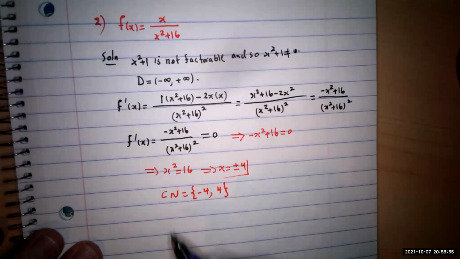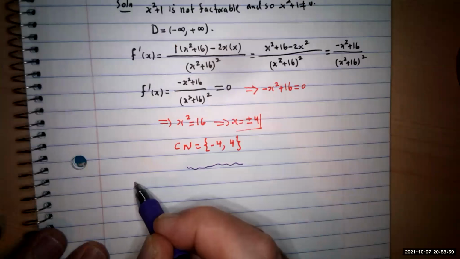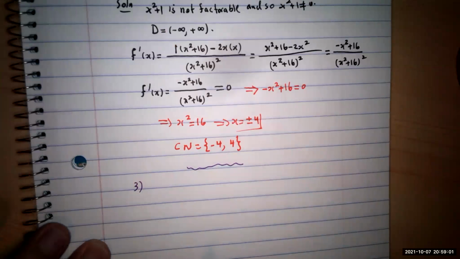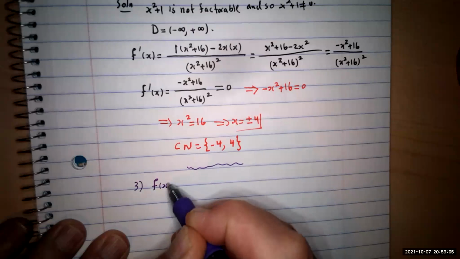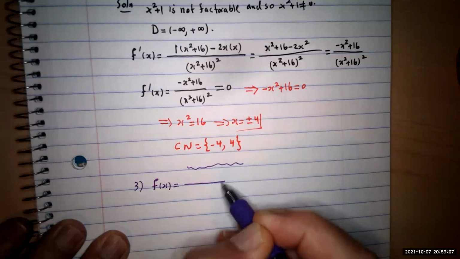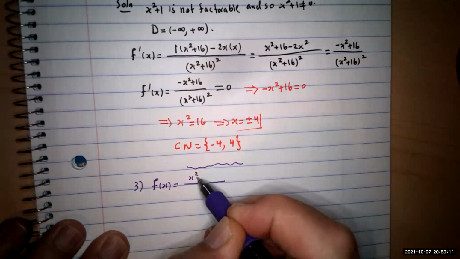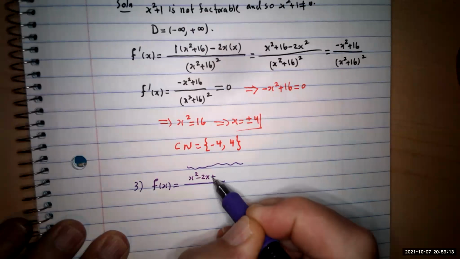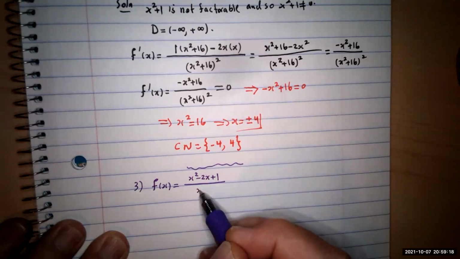Let's try number 3. Again, the quotient rule. I just want to make it a little more involved so that you have no difficulty applying the derivative. It's x squared minus 2x plus 1 on the top and x plus 1 down the bottom.